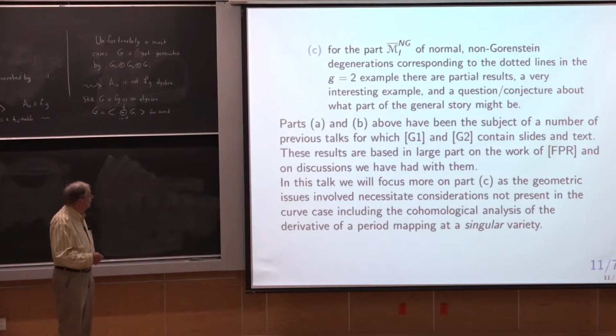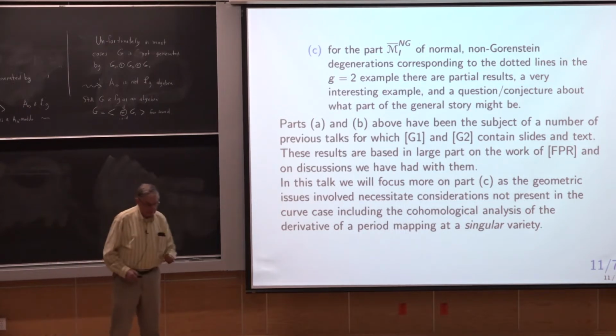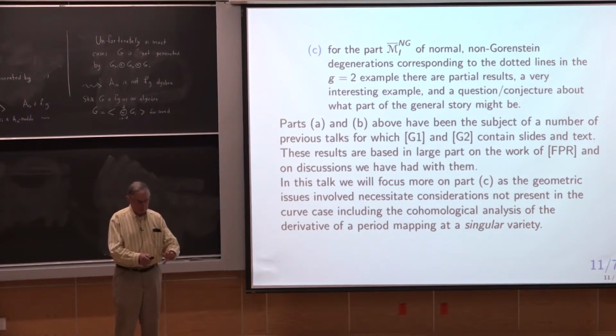And the non-Gorenstein part, that's very interesting. The first fact about the non-Gorenstein part is whenever a surface acquires a non-Gorenstein singularity, the monodromy is finite.